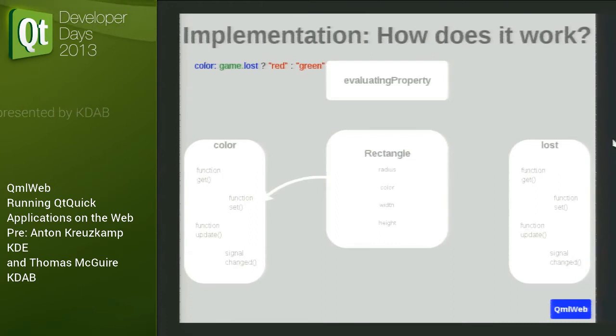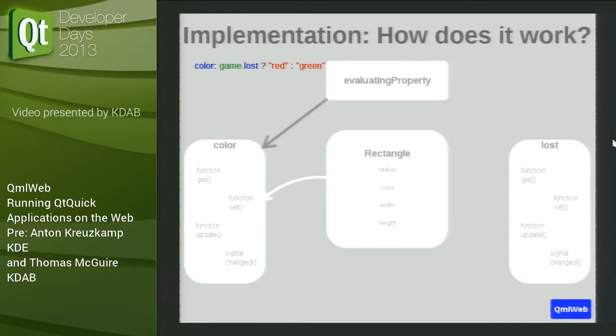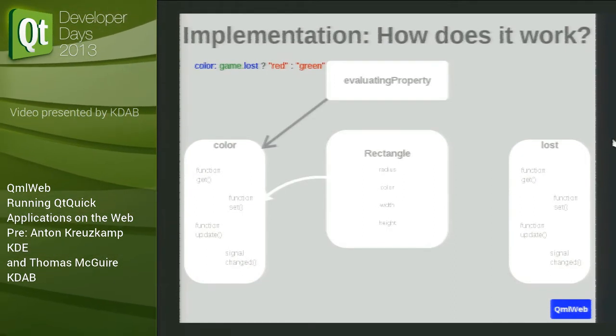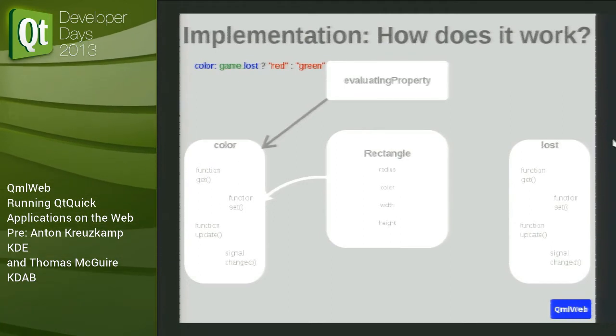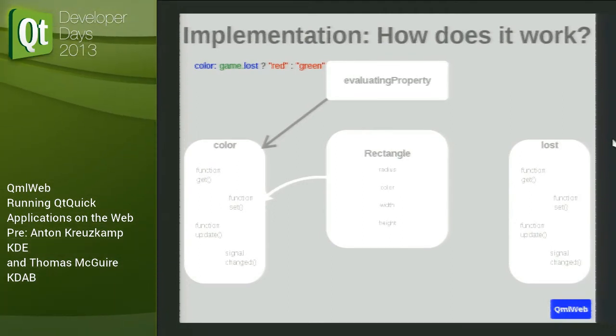So what we do is we have a globally available variable called evaluating property. The setter of color will now set this property to be a pointer to color itself, and now call eval.